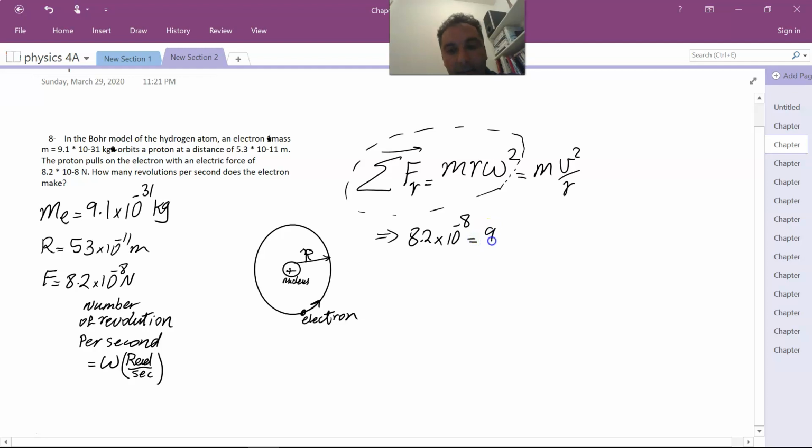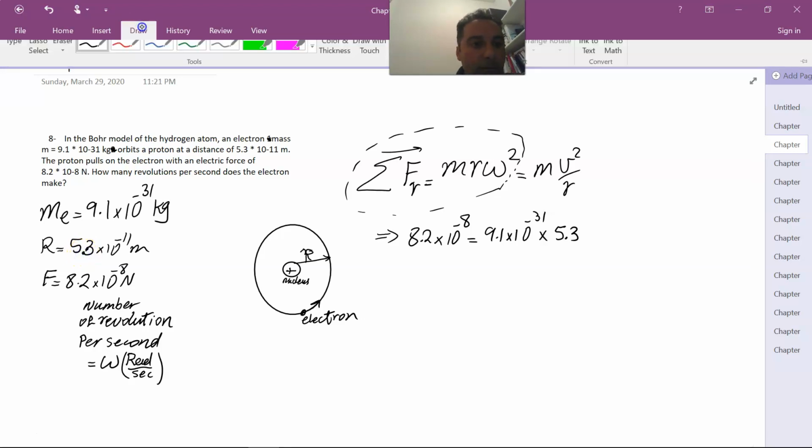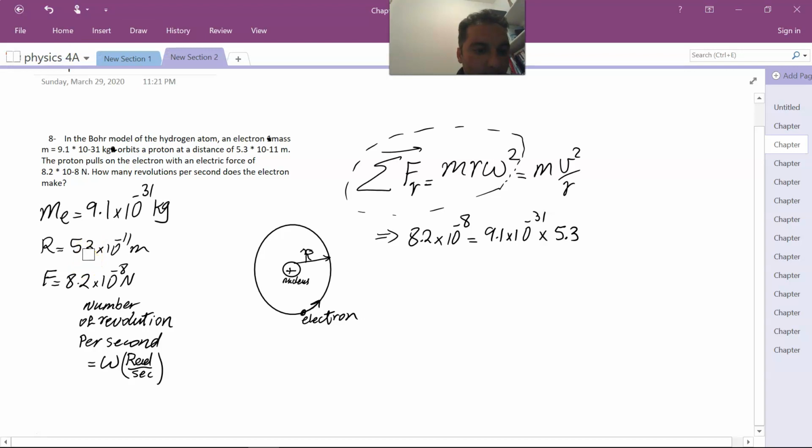Mass is 9.1 times 10 to negative 31. Radius is 5.3 times 10 to negative 11, correct? M, R, then omega squared. So let's solve it for omega squared, then take square root, find the answer.